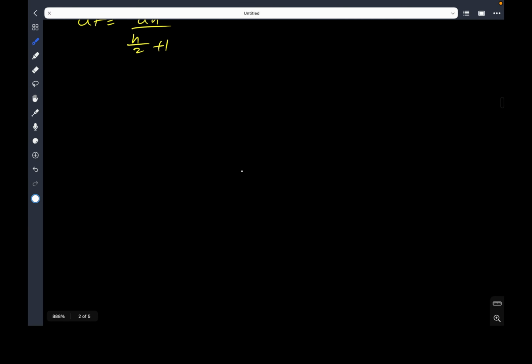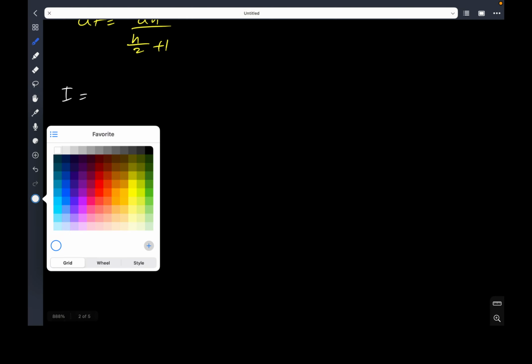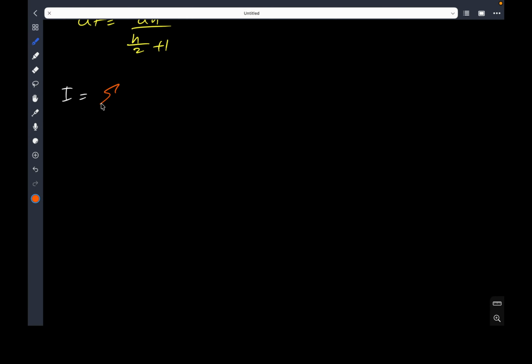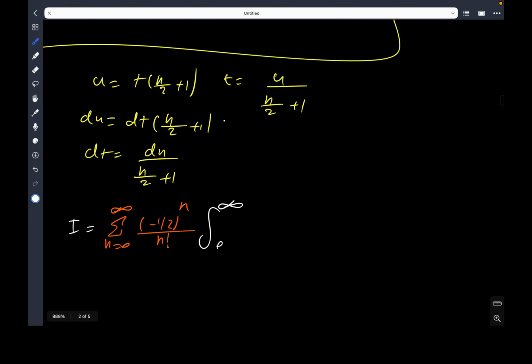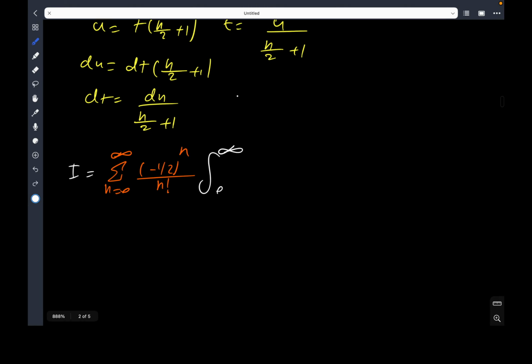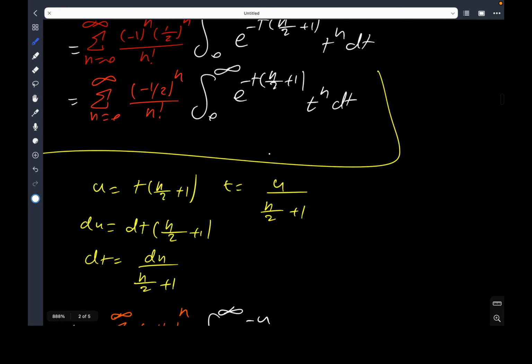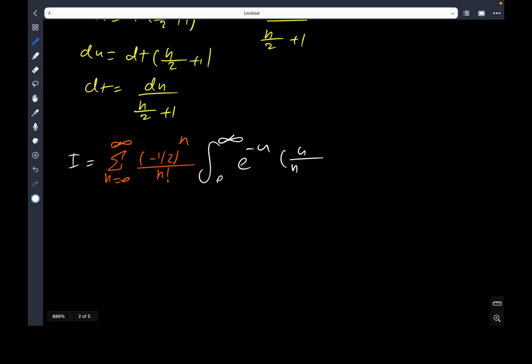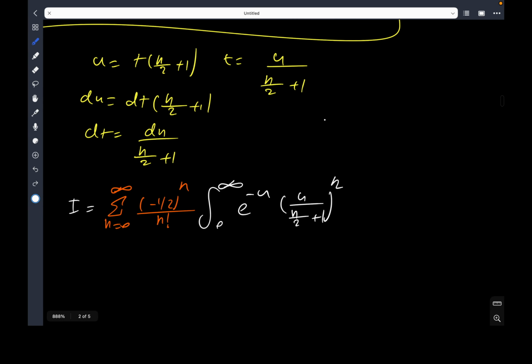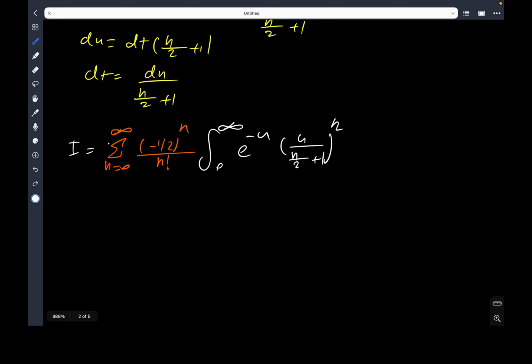And therefore, my integral is going to be the infinite sum from 0 to infinity of (-1/2)^n over n factorial, times the integral from 0 to infinity of e to the negative u, and t equals this thing here, (u over (n/2 + 1)) to the n, and dt is this one here, du over (n/2 + 1).